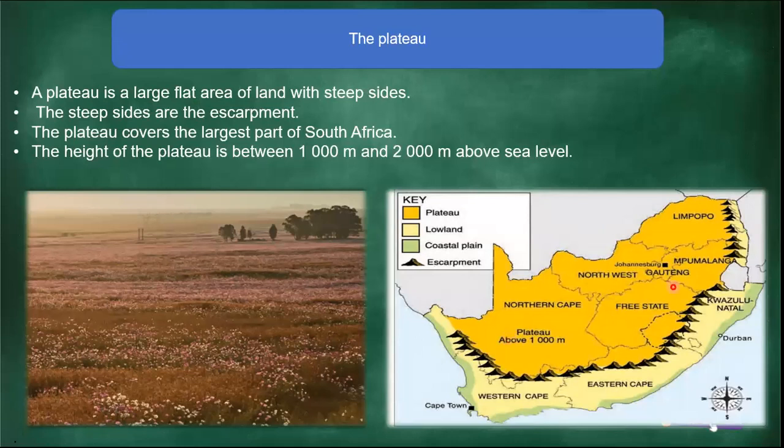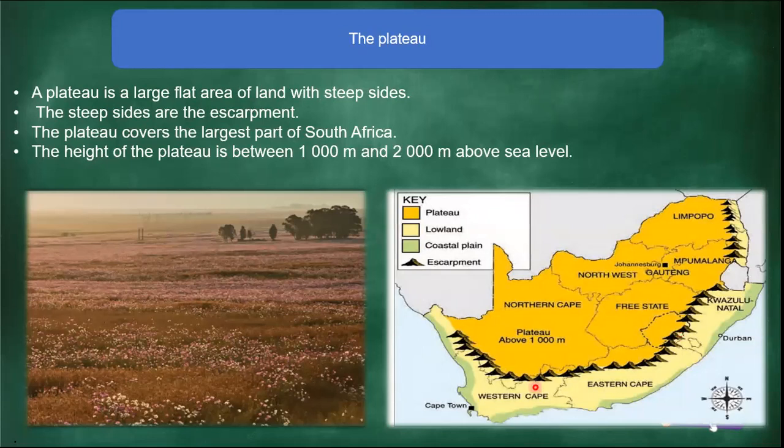So which means the plateau covers the largest part of South Africa, which is this part, as you can see, this orange part. And then I said the steep sides are the escarpment. The steep sides of the plateau are these mountains, which are the escarpment, and they divide the plateau and the coastal plain. So the escarpment is in the middle, dividing the plateau and the coastal plain.